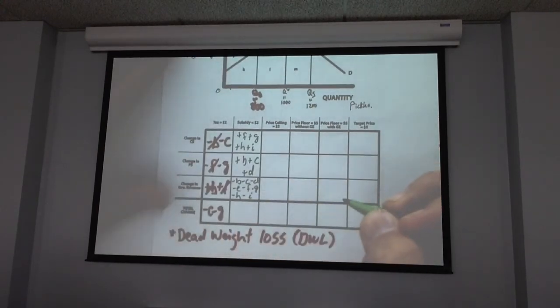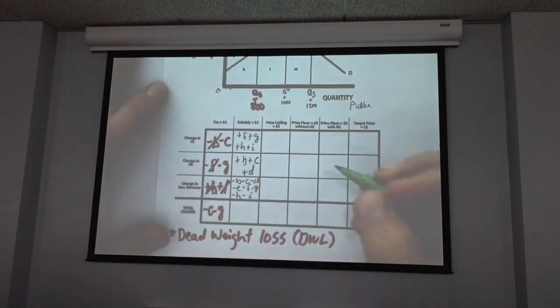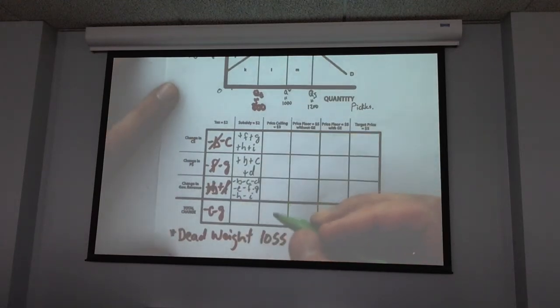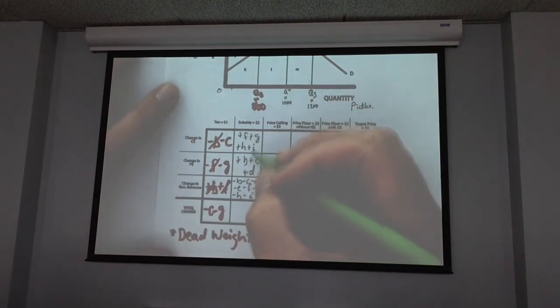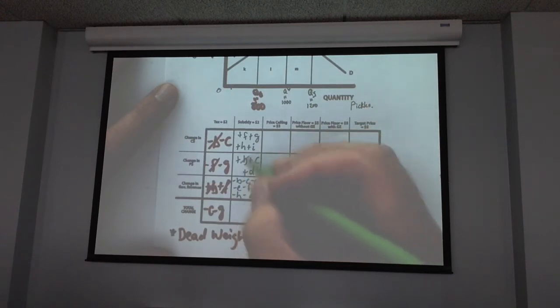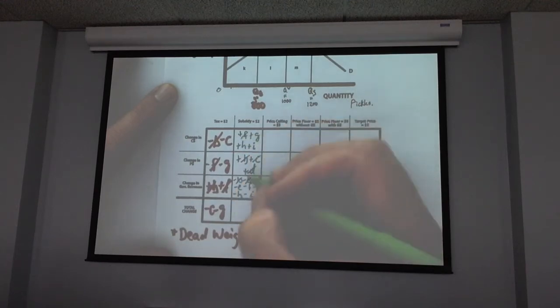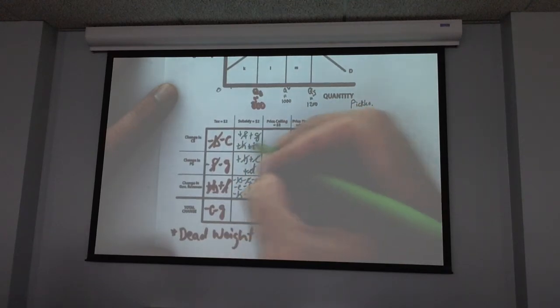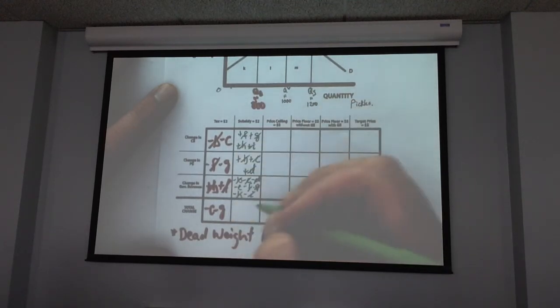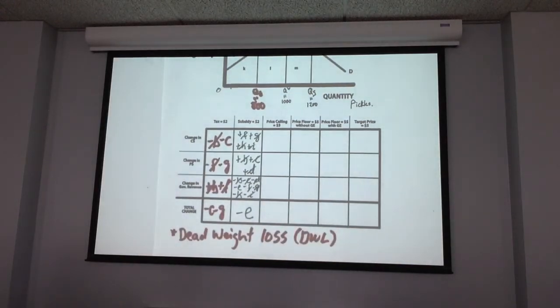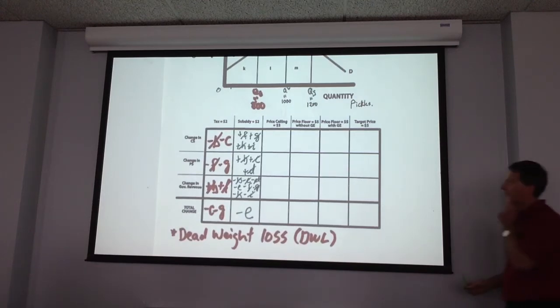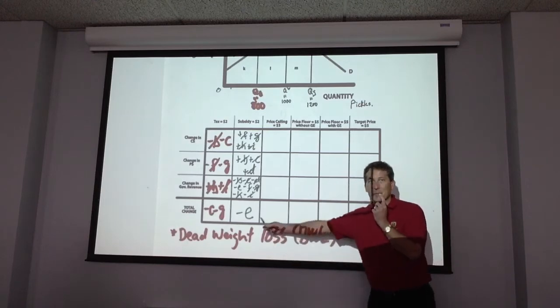It's getting kind of crowded down there. And now the fun part, we got to cancel out and add up what the net change for society is. Let's see, we got plus B minus B, plus C minus C, plus D minus D, plus F minus F, plus G minus G, plus H minus H, plus I minus I, minus E. Everybody see that?